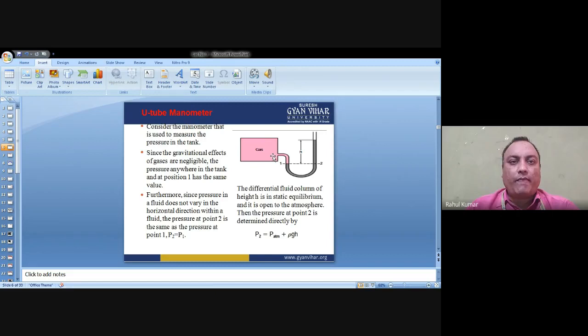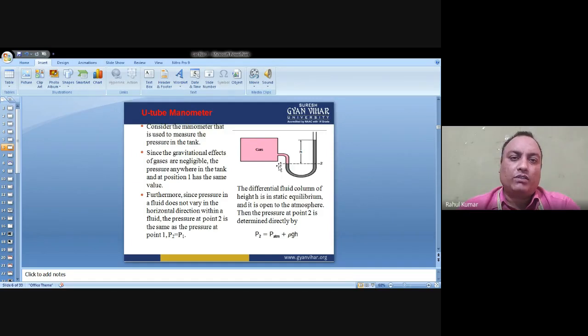Then what will we do here? Here, this gray color shows the mercury as a liquid, and this is the gas. This gas presses the mercury in the downward direction and creates a height difference between the two columns.